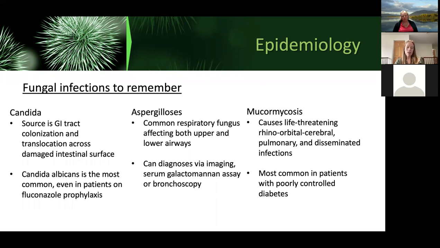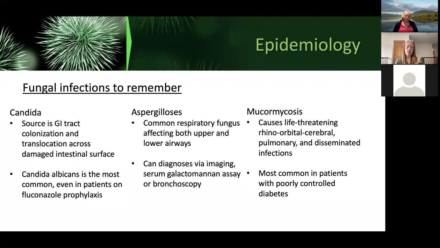Candida infections are common in neutropenic patients. The source is thought to be the GI tract, with translocation across damaged intestinal surface when patients develop colitis or mucositis as part of their chemotherapy side effects. And Candida albicans is still the most common, even in patients on fluconazole prophylaxis.